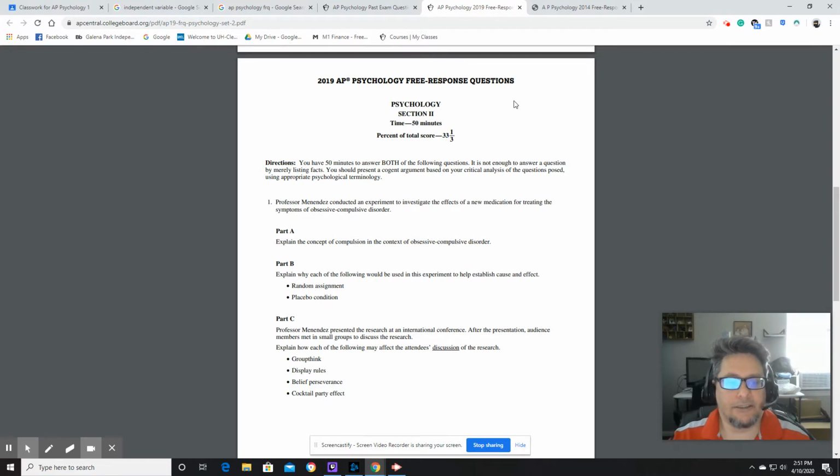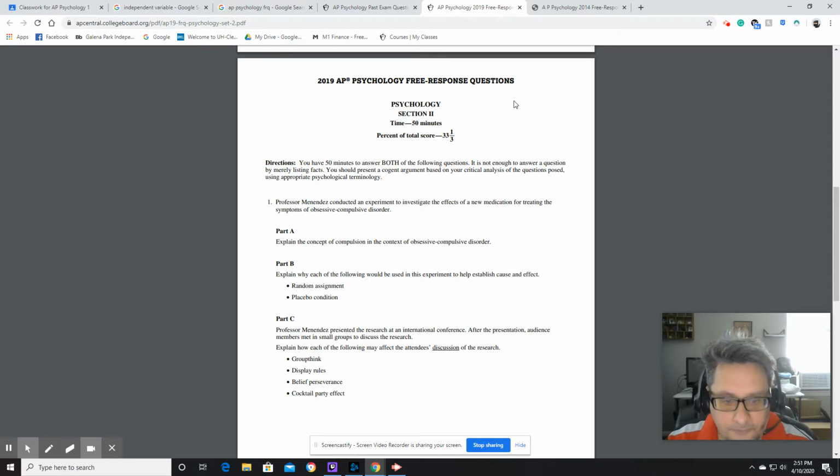So this leads us to the next thing, which is the placebo condition. So a placebo is a replacement that is supposed to trick somebody into thinking that they're getting the treatment. So placebos would be if I was giving one half of the group the new drug for obsessive compulsive disorder, I might give the other half of the group a Skittle with the S crossed off or something like that.